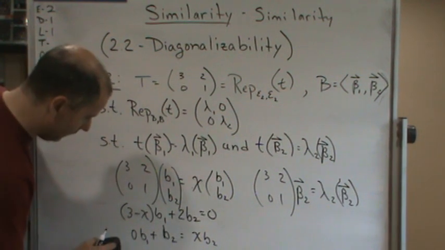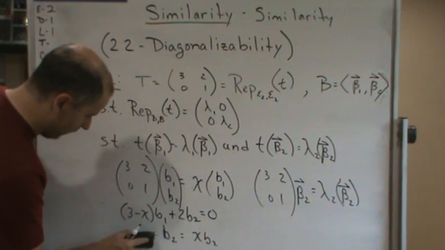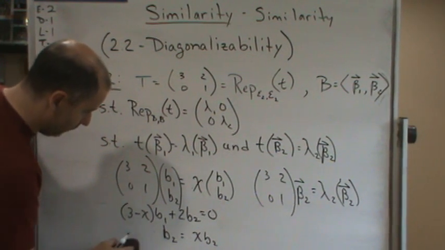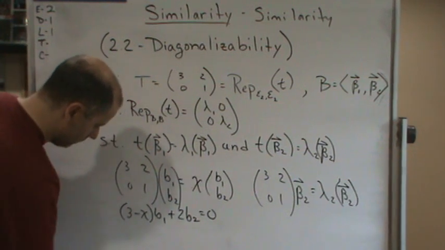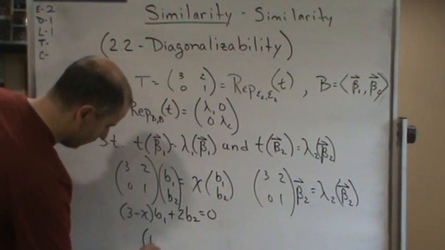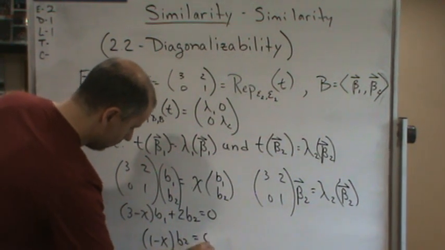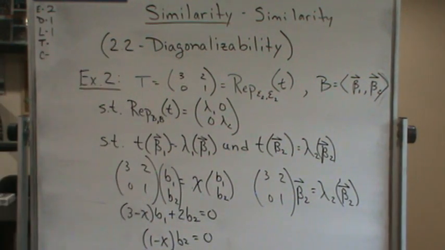And this one here, well, this goes away. So this is going to be 1 minus x times b2 is equal to 0. Okay, so that's what our system becomes.